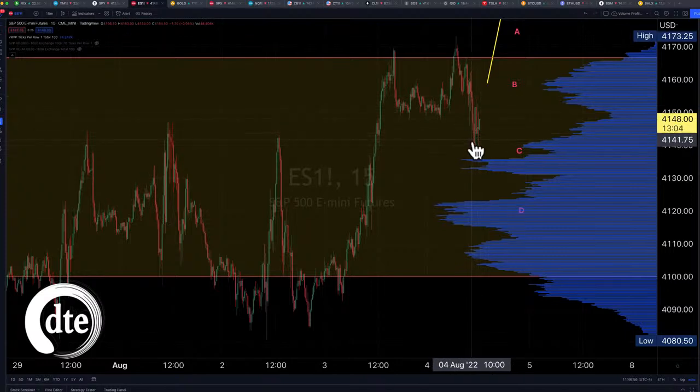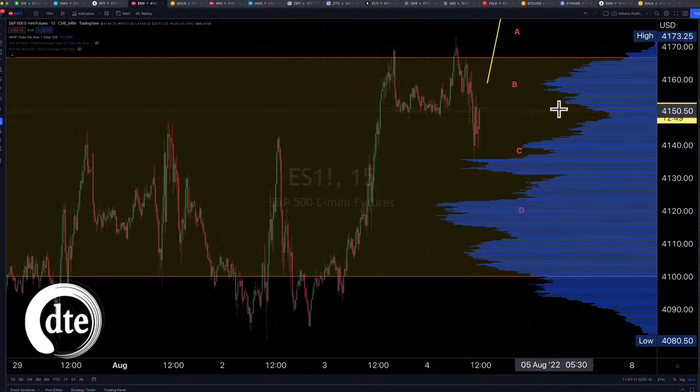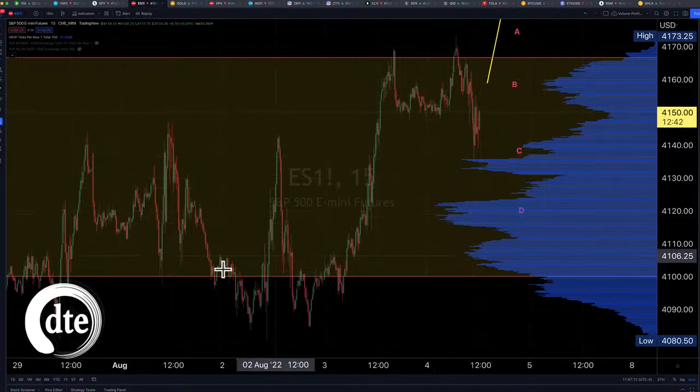And I would expect that we're either going to stay in this range or do the same sort of thing moving down, maybe down as far as D, that area. Now you'll notice I put A, B, C, and D to sort of coincide with the major consolidations that have happened over the past, well, it looks like over the past week or more.